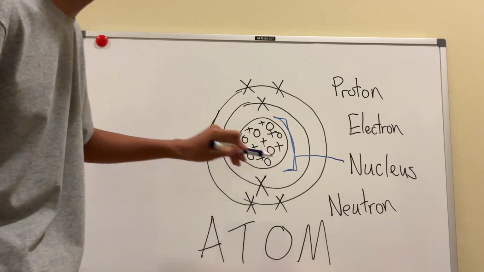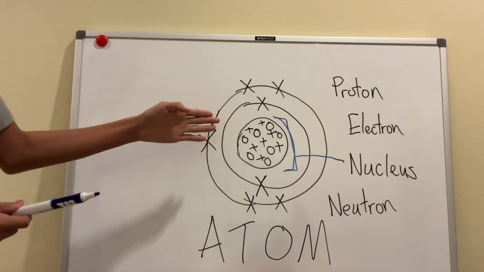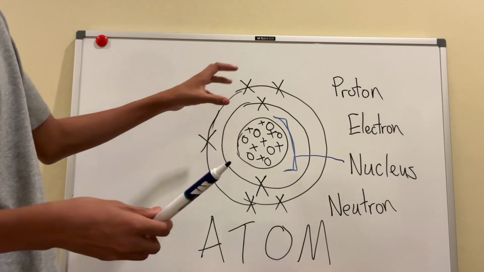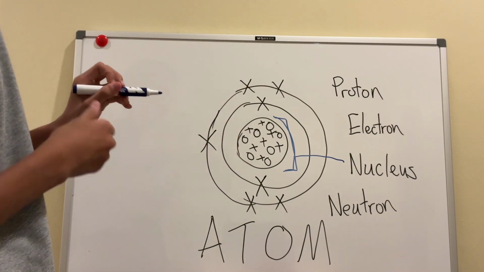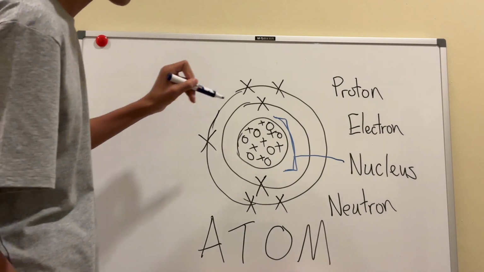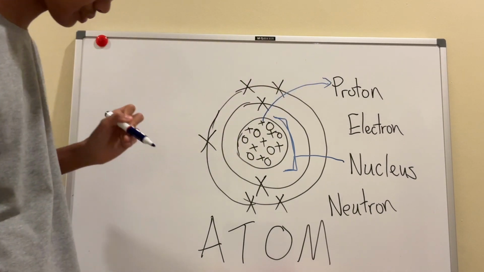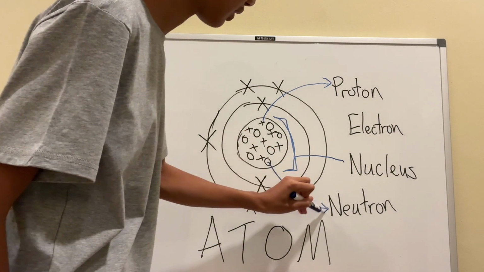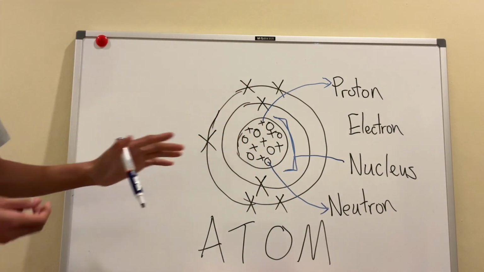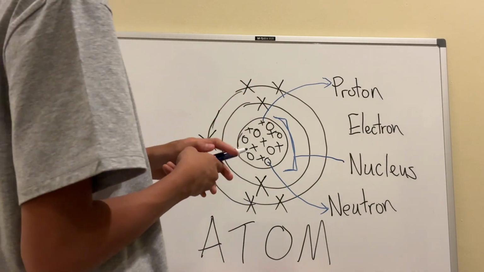It's this whole thing in the middle, and inside we've got some tiny, teeny small things, and they've got their own name. The plus, we call it a proton, and then for those, we call it a neutron. Protons and neutrons are both contained within the nucleus.